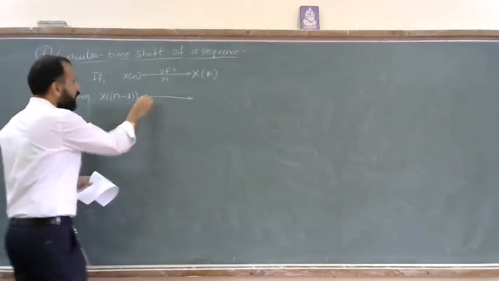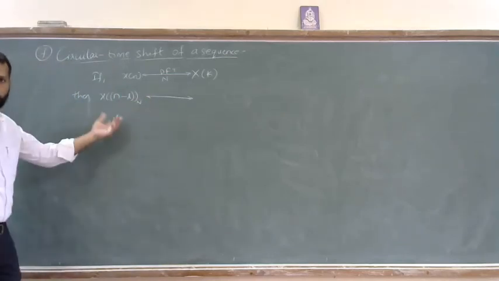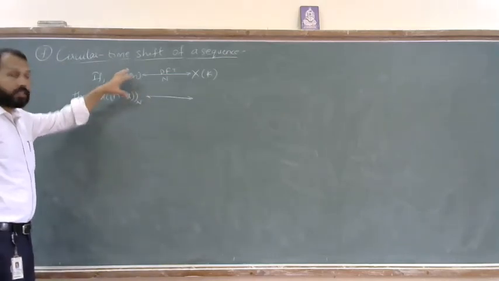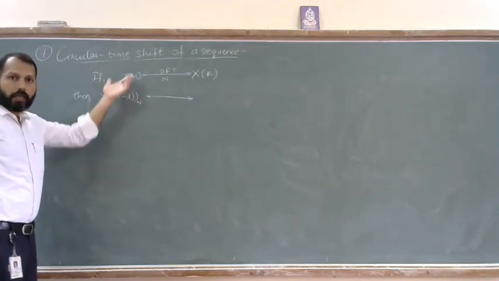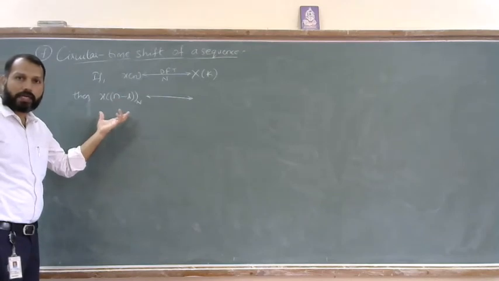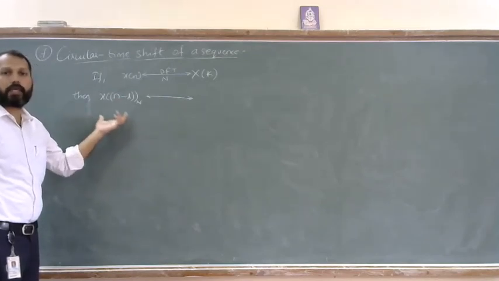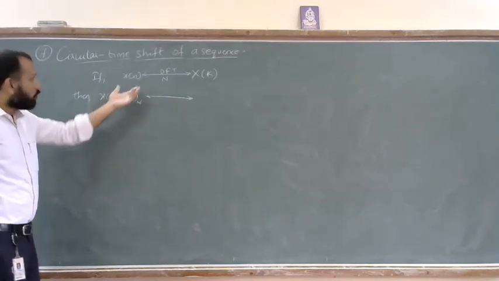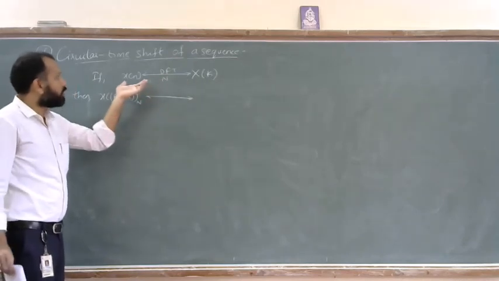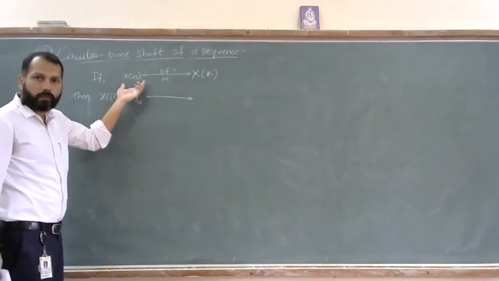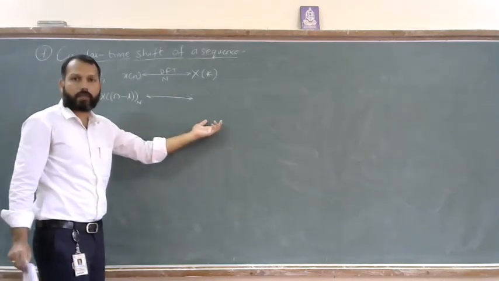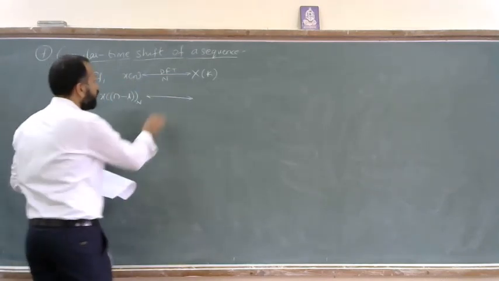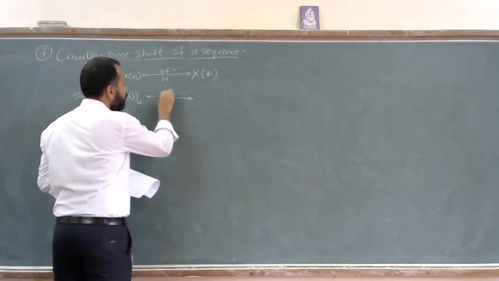x of n minus l will also be an N-point sequence itself. We are just shifting x of n on the circle. The total number of samples in the original sequence and the circularly time shifted sequence will be the same. There will be N in number itself. So if X of k is the N-point DFT of the sequence x of n, if we circularly shift this sequence, then what will be its DFT? What will be the effect of this circular time shifting on the DFT?